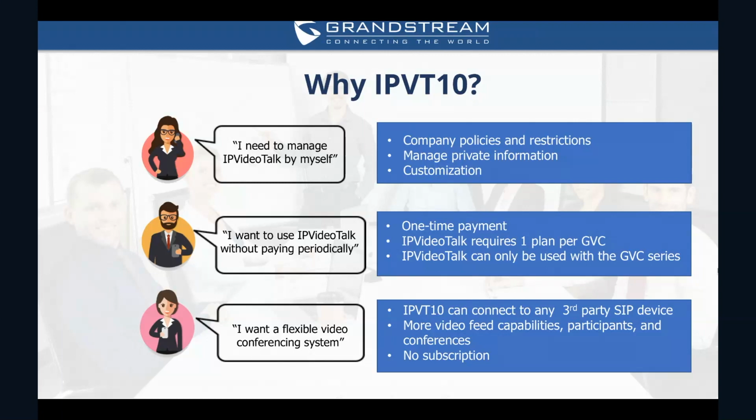The average savings can go between $1,030 to $3,000 a year using IP Video Talk over competitors. But now with the IPVT10, you won't have to worry about choosing a subscription plan or paying periodically. With a one-time payment, you can have it all and more with up to 300 participants.